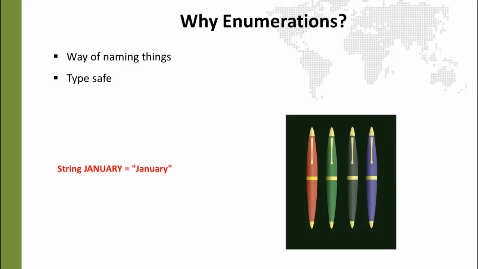Now, what if I misspell this? If I want to check whether two months are equal, I have to do some string comparison on these two strings. An enumeration is type safe, and what that means is that you can't compare this to the wrong type. And a month that has the same name is going to be exactly the same when you compare two enumerations.